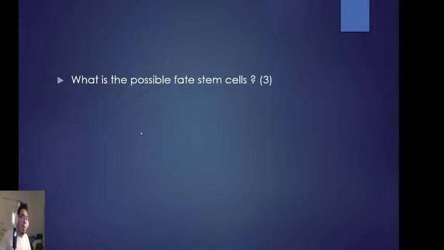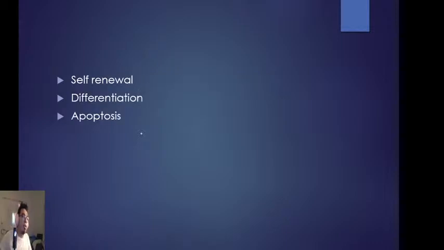Now, what is the possible fate of stem cells? Well, basically, they will undergo self-renewal, they will undergo differentiation, or they will go through apoptosis. Usually, apoptosis is when the body is designed to stop cellular division. There are what we call telomeres.